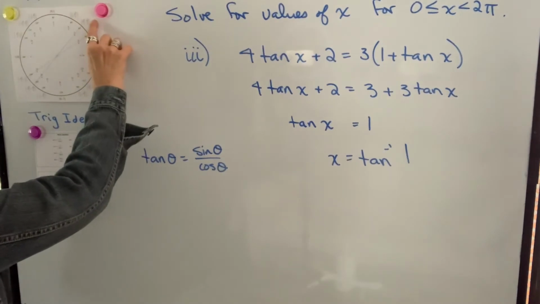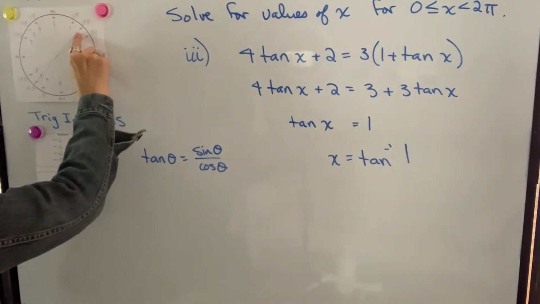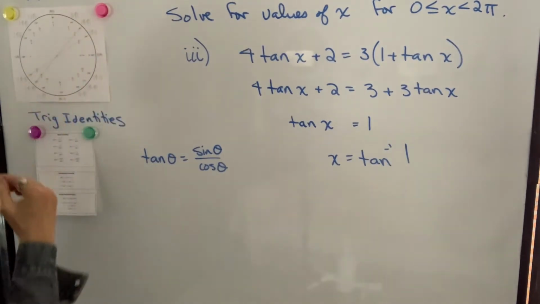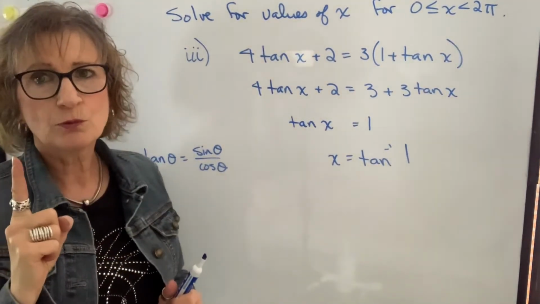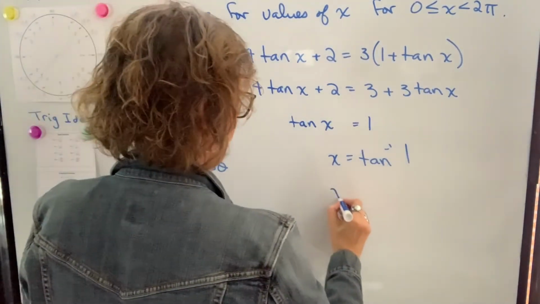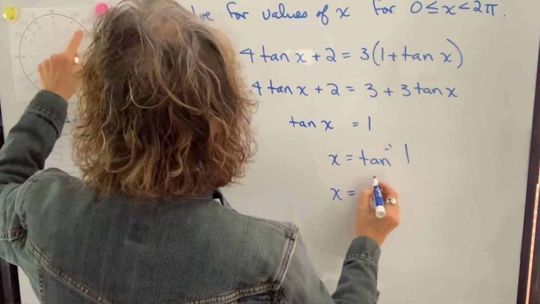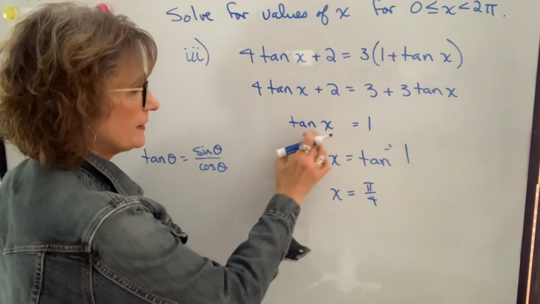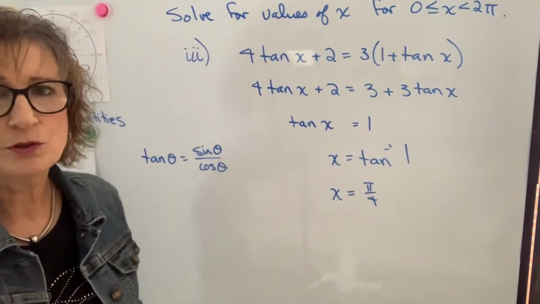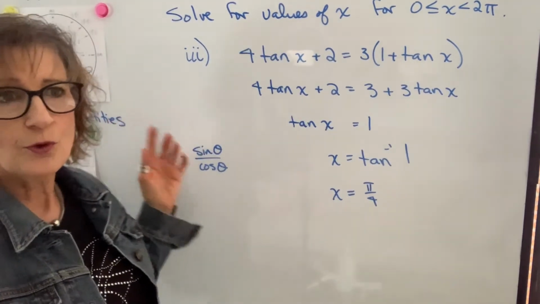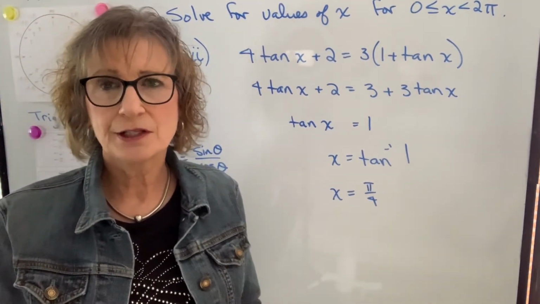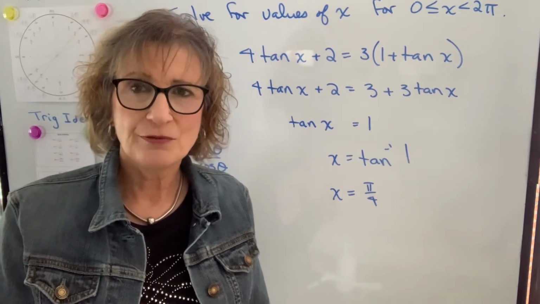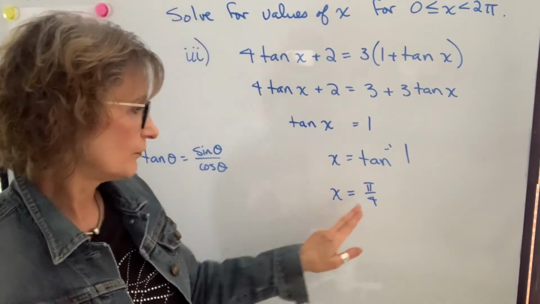You may notice in quadrant 1 at pi over 4 radians, both cosine and sine of that angle are equivalent. So if we were to take the ratio, it would be equal to 1. So therefore, we know that pi over 4 will work. If you take the tangent of pi over 4, it's equal to 1. If that's difficult for you, you could work with your calculator and have it in degrees, and then find the inverse tan. You'll get 45 degrees, and then convert it to pi over 4.